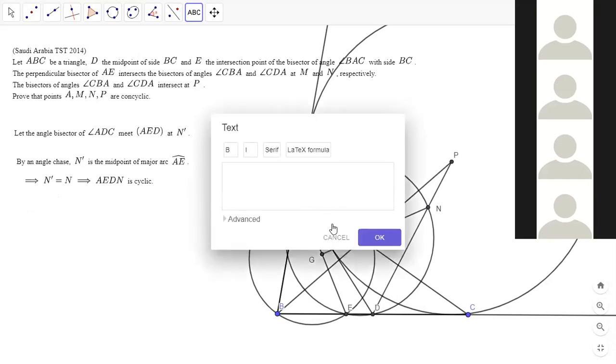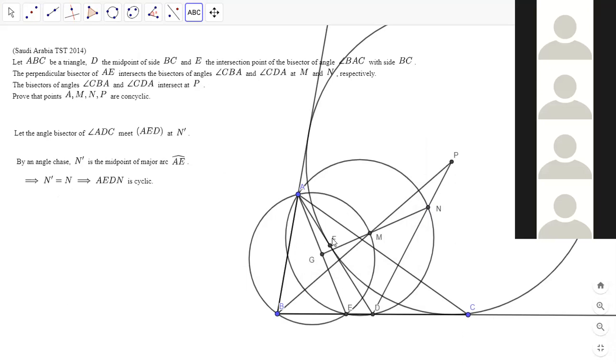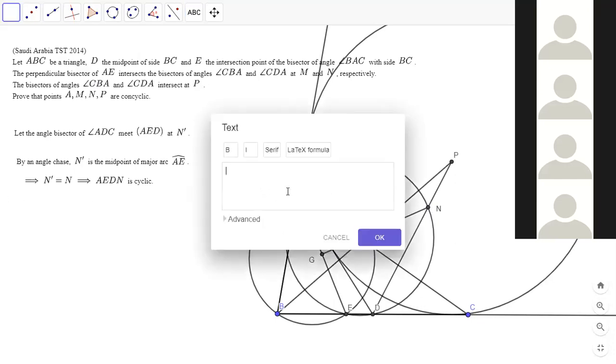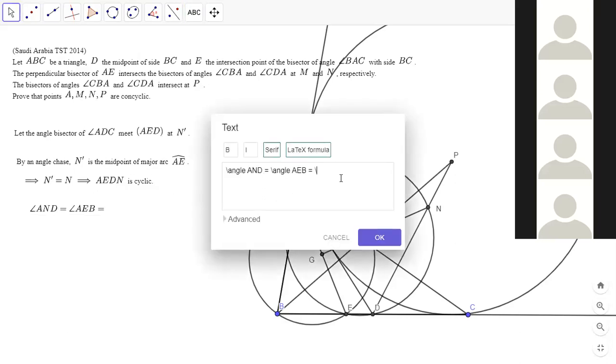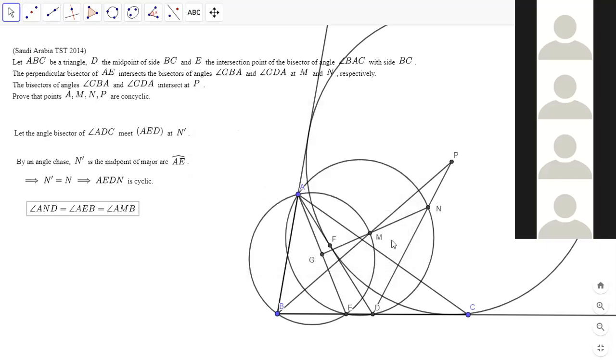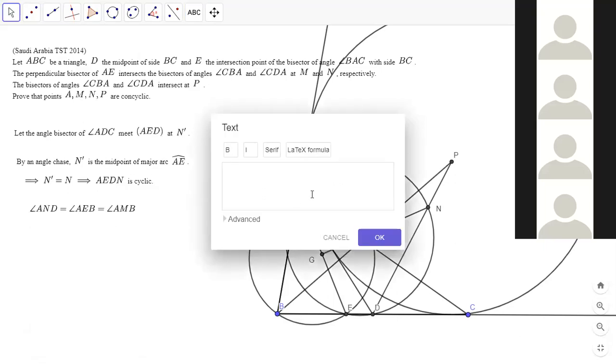First I'm going to write out: angle AND equals AEB, which is equal to AMB, and that means angle AMP equals angle ANP, which means that AMNP is cyclic.